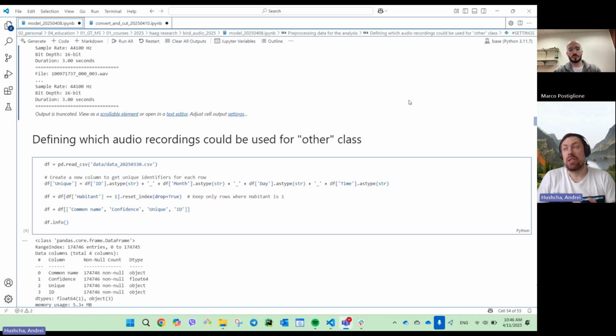We just don't know how we can rely on the BirdNet data and which confidence level we should select to work with.